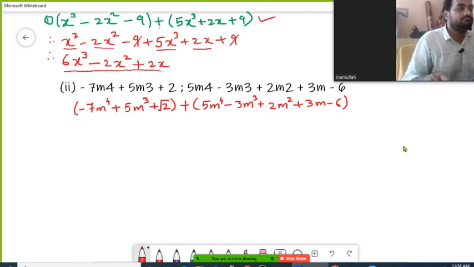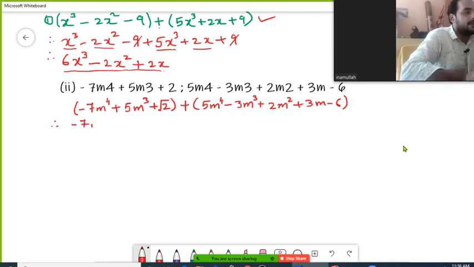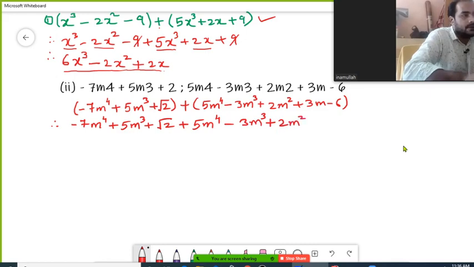Now, in the same way, we can open the bracket: minus 7m raised to 4 plus 5m cube plus root 2 plus 5m raised to 4 minus 3m cube plus 2m square plus 3m minus 6.